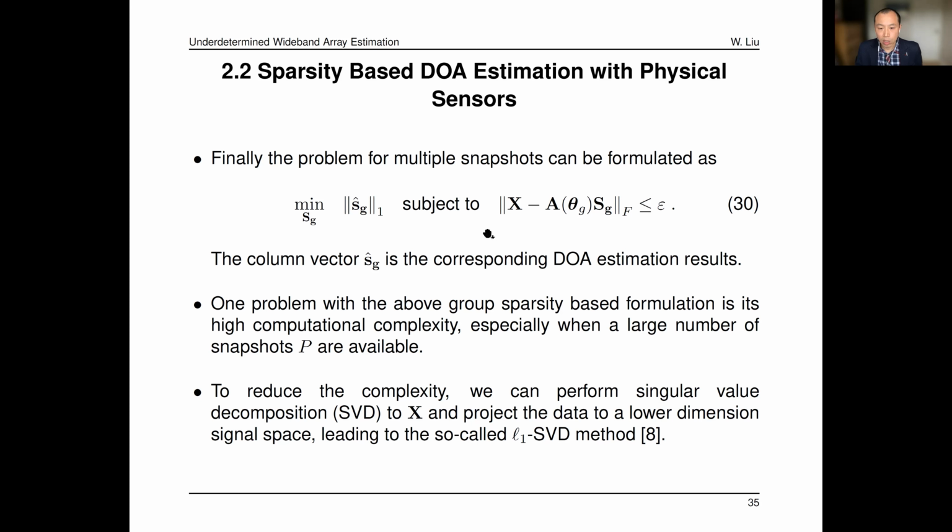The number of parameters to optimize will be huge, and it will take a very long time. It's not efficient. So to reduce the complexity, we can perform singular value decomposition on this X, and project the data to a lower dimension signal space, leading to the so-called L1-SVD method. You can find details in reference 8.